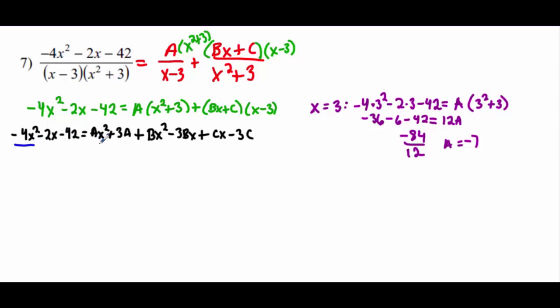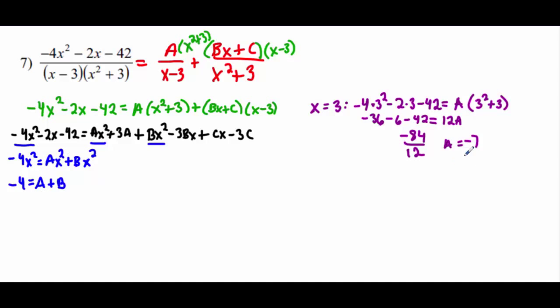We want to put the x squareds together so that we have negative 4x squared equals ax squared plus bx squared. What that means is that I can drop the x squareds and say negative 4 has to equal a plus b, because we have like terms adding together to give us negative 4.